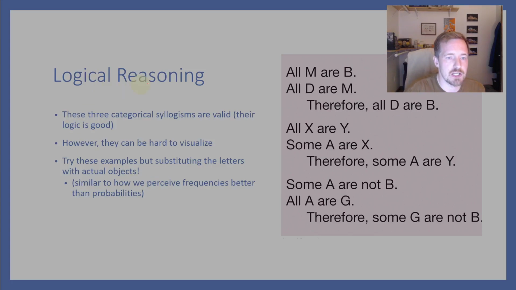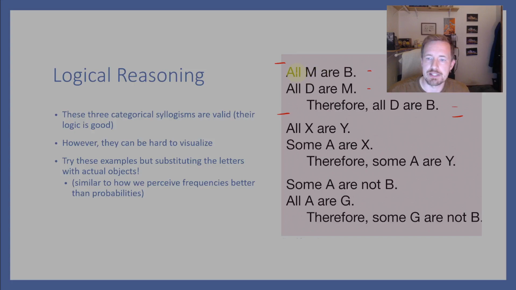All right, so let's talk about logical reasoning. So logic, you've probably seen things like this. It's called a syllogism. A syllogism is usually a three-statement phrase where you have two premises and then a conclusion.